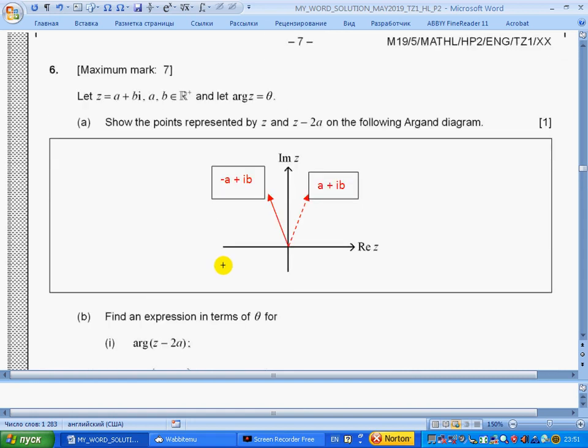Question 6. Let z equals a plus bi. The argument is theta. Show the points represented by z and z minus 2a on the following Argand diagram. So if a plus ib is this, then minus a plus ib will be the reflection over the imaginary axis.